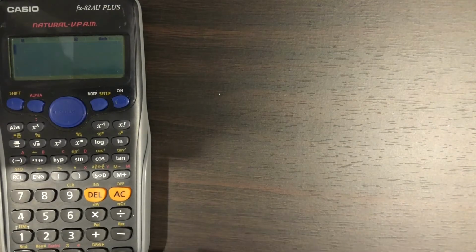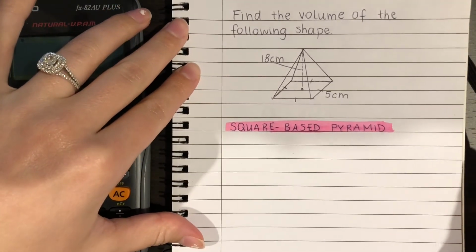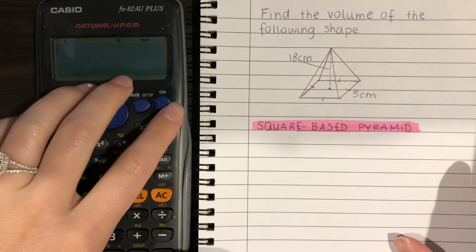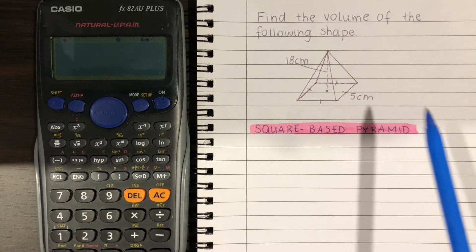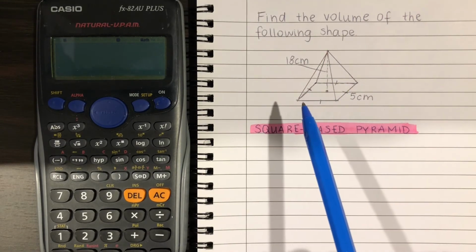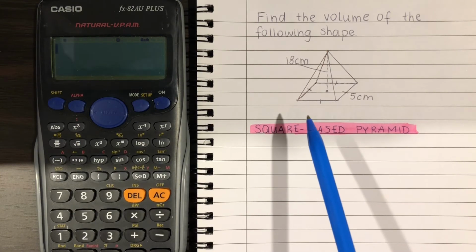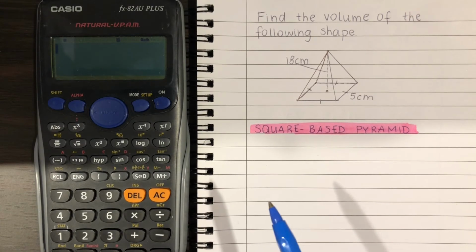Lucky last, we're going to be finding the volume of a square-based pyramid. I'm sure in your younger years of health, maybe year 8, year 9, I'm guessing, probably year 8, but I'm not too sure, you would have learnt about the food pyramid, the healthy eating pyramid, where you've got your carbohydrates and your dairy and your fats and your fruit and vegetables.